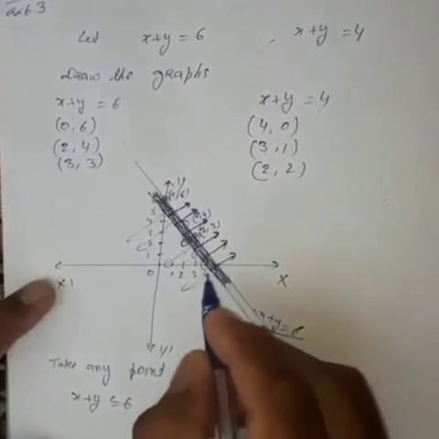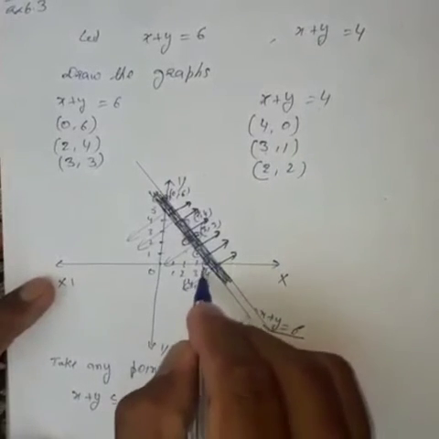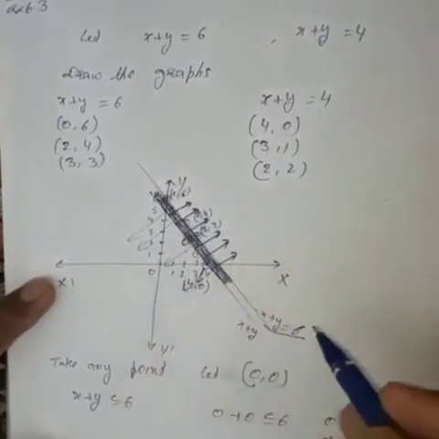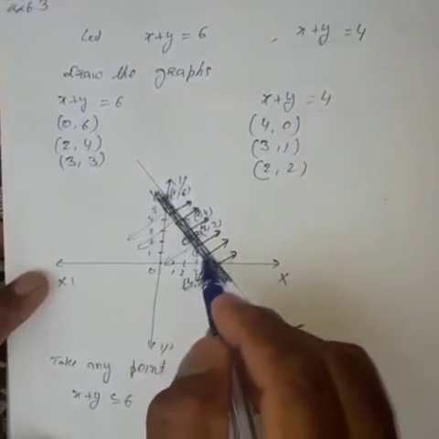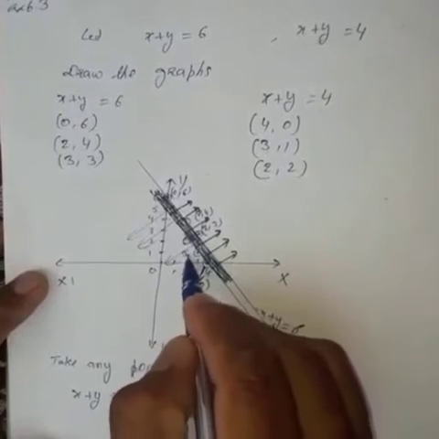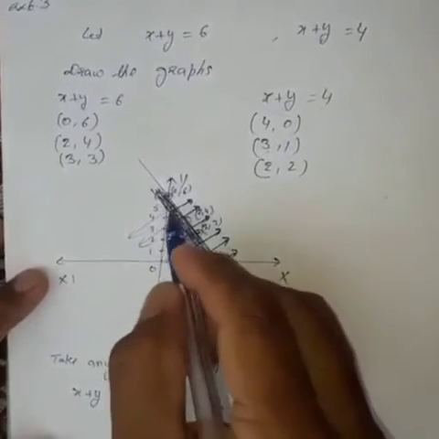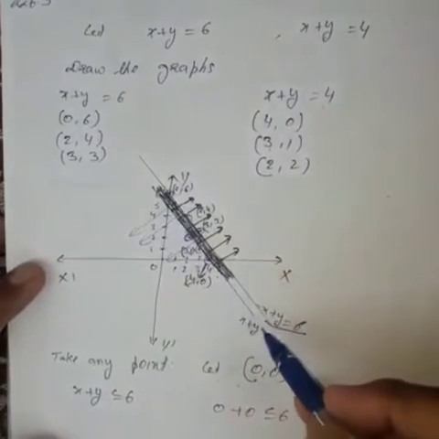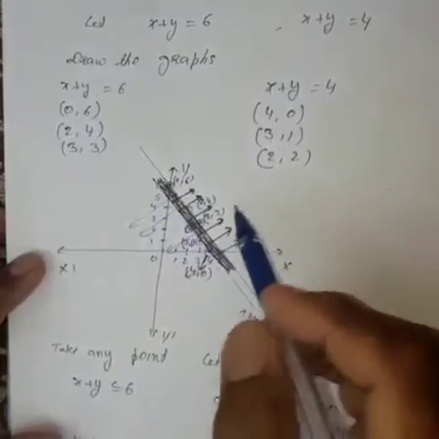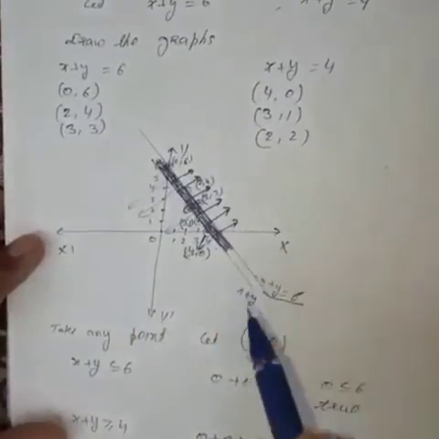This is the point (4, 0). Then the second point is x = 3, y = 1. And x = 2, y = 2. You join all three points and you will get another line. These two lines will be parallel on the graph as well.